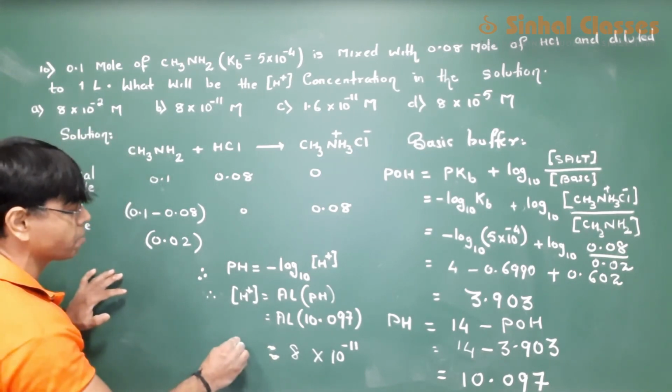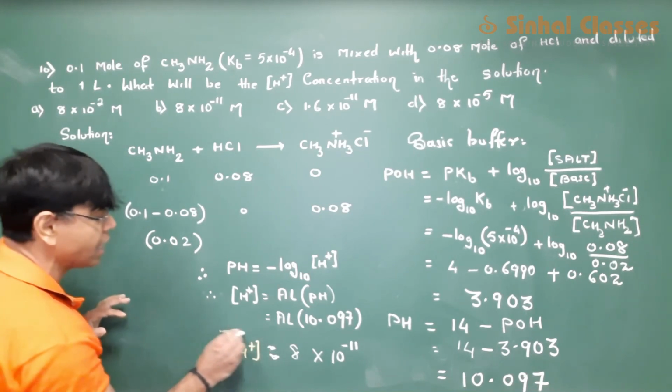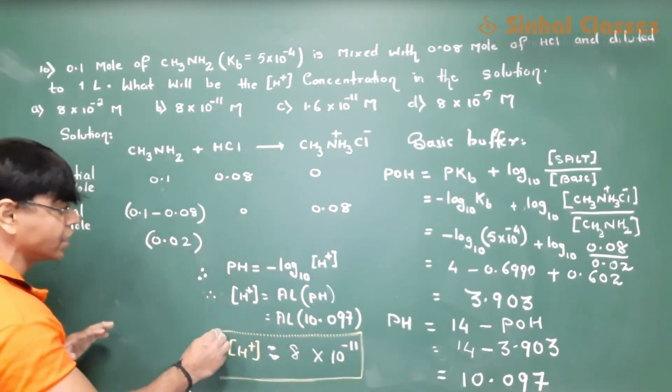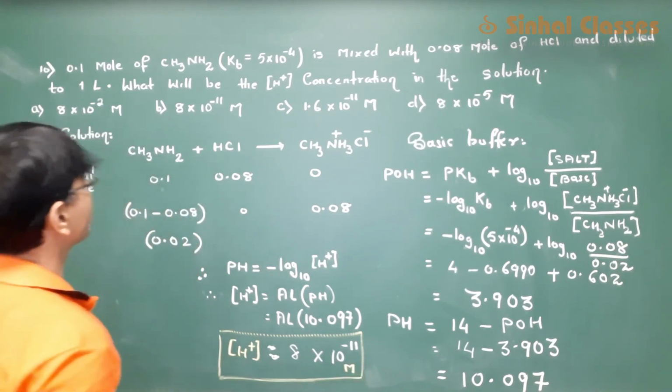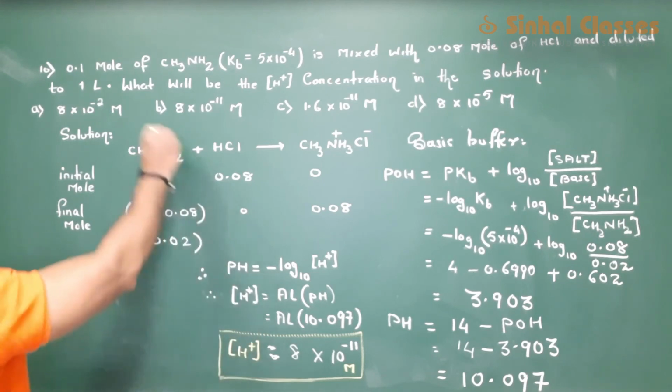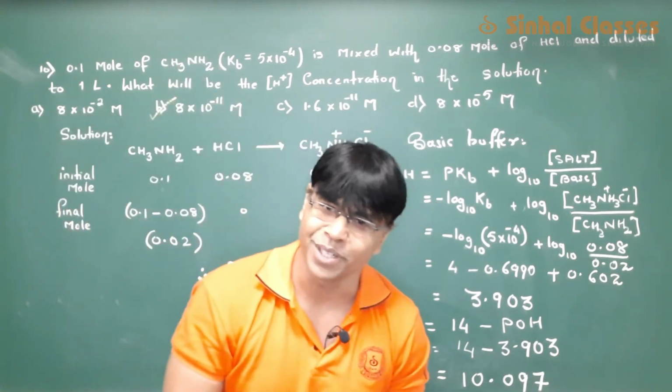So your H plus value will be 8 into 10 raised to minus 11. So your answer for this question is B, which is the correct option.